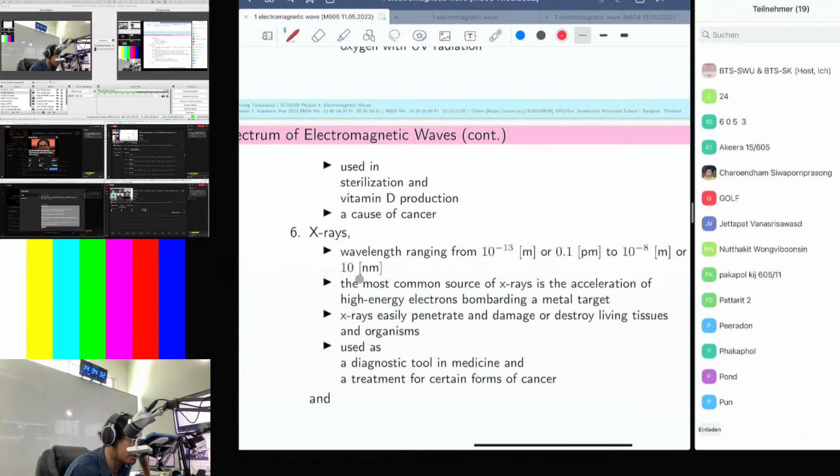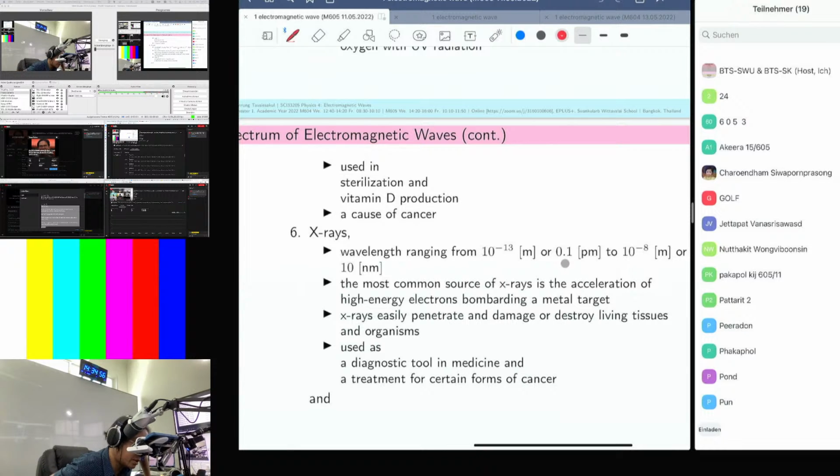You have to take the X-ray at the hospital. The X-ray is generated from the acceleration of the electron. The wavelength that we call X-ray is from 10 to negative 13 meter, or 0.1 picometer.